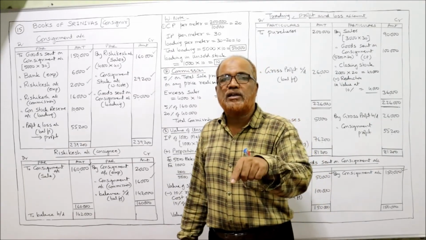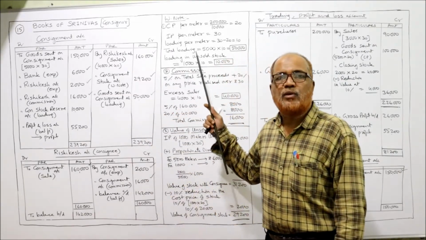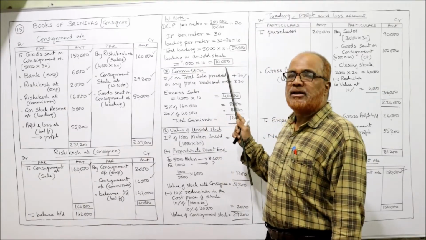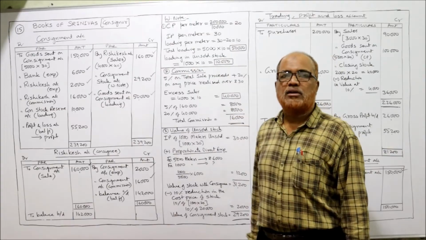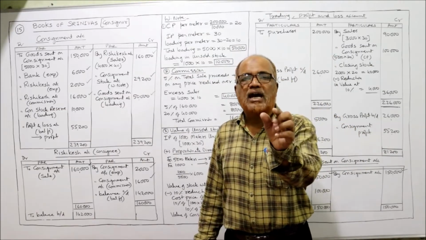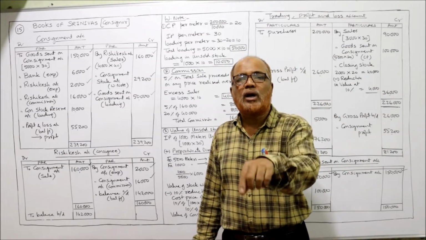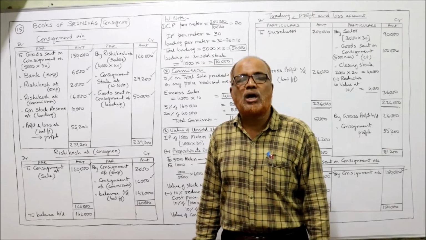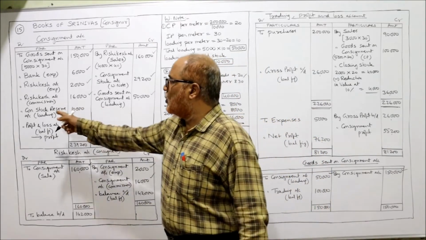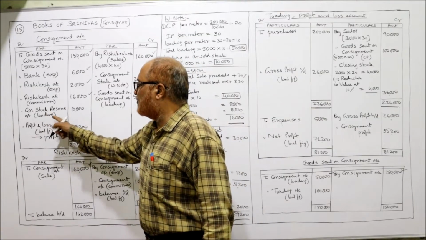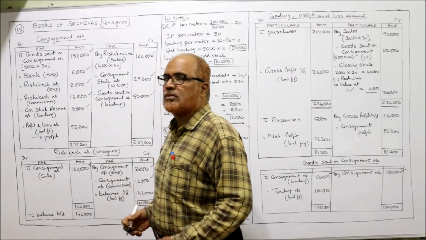So each unit, how much is the loading? 10 rupees. So 1,000 into 10, 10,000. So the entry will be consignment account debited to consignment stock reserve, loading 10,000.